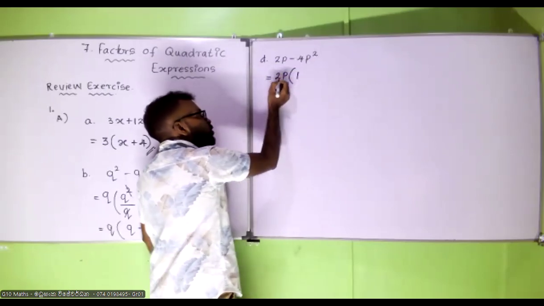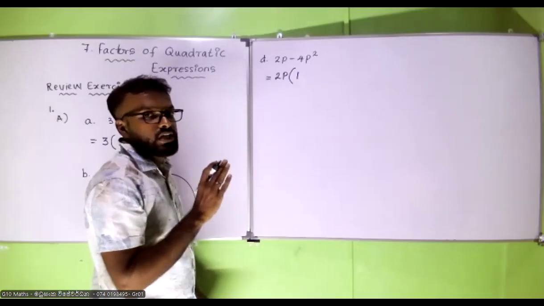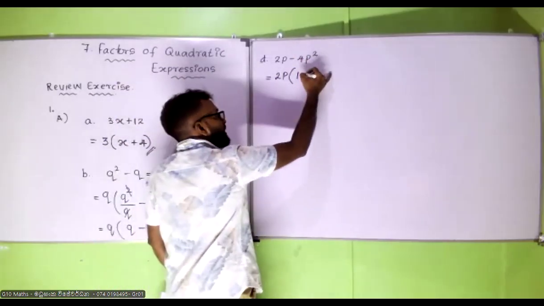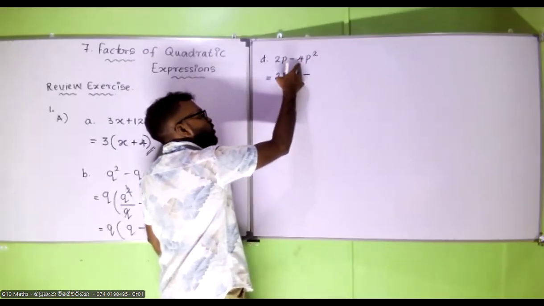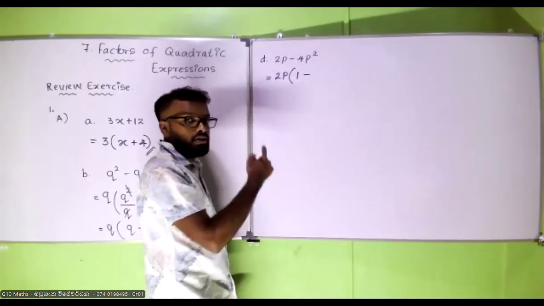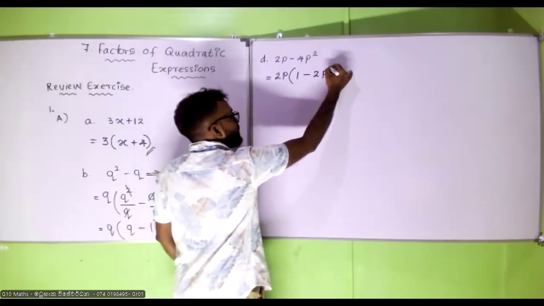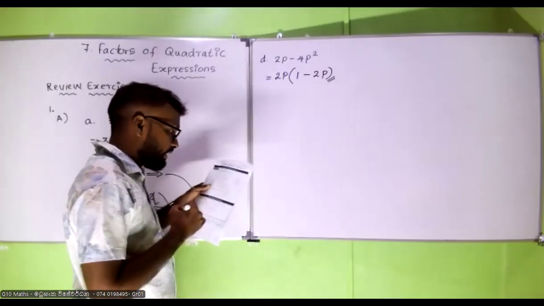All of these are positive terms, so none of the signs will be changed. Keep your sign as it is, that is minus. From 4, you are going to take 2 out, that means 4 divided by 2. So you will be having 2p here. So this should be the first answer for part D.